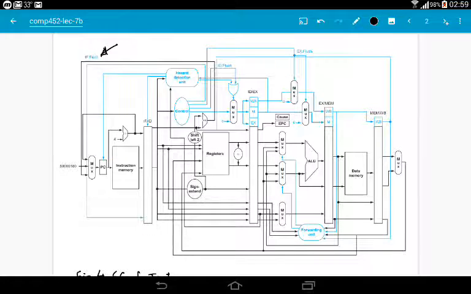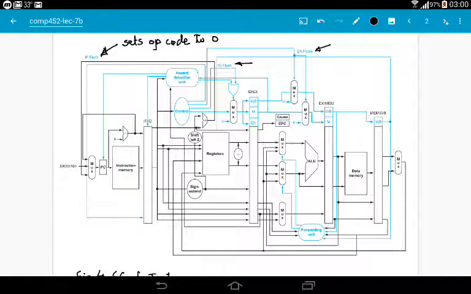Now see, this is the signal that we already have, the IF flush. What does the signal do? If you remember, it sets the opcode to 0. All 6 bits are set to 0. Here we have the ID flush, and here we have the EX flush.